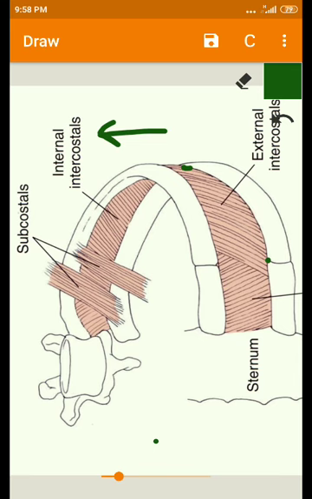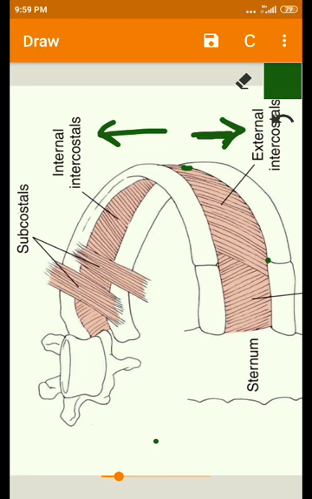Whereas at high lung volumes, the lower ribs will move caudally because of increased lung volumes.